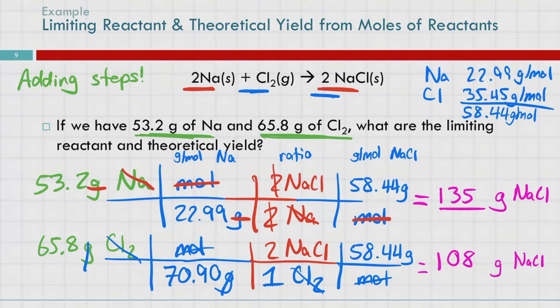That means that which of these two is our limiting reactant? The chlorine. So Cl2 is the limiting reactant.